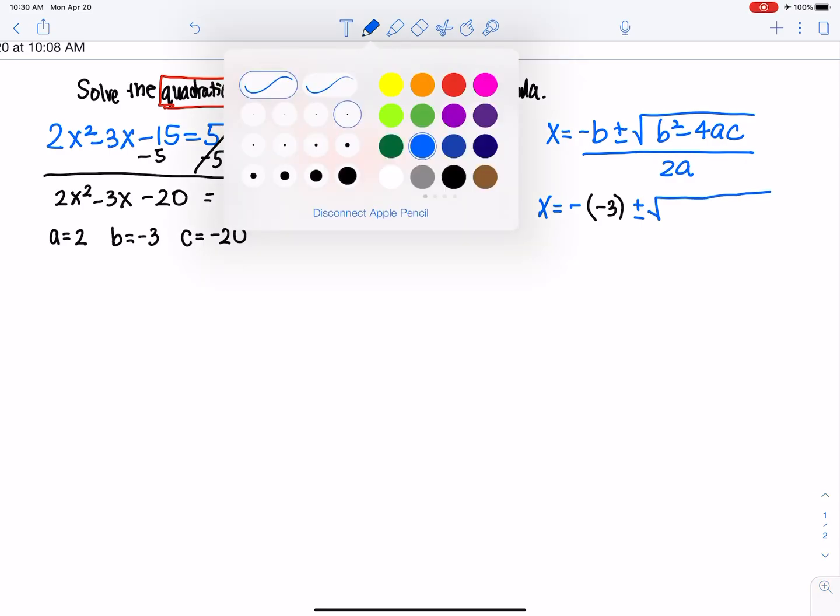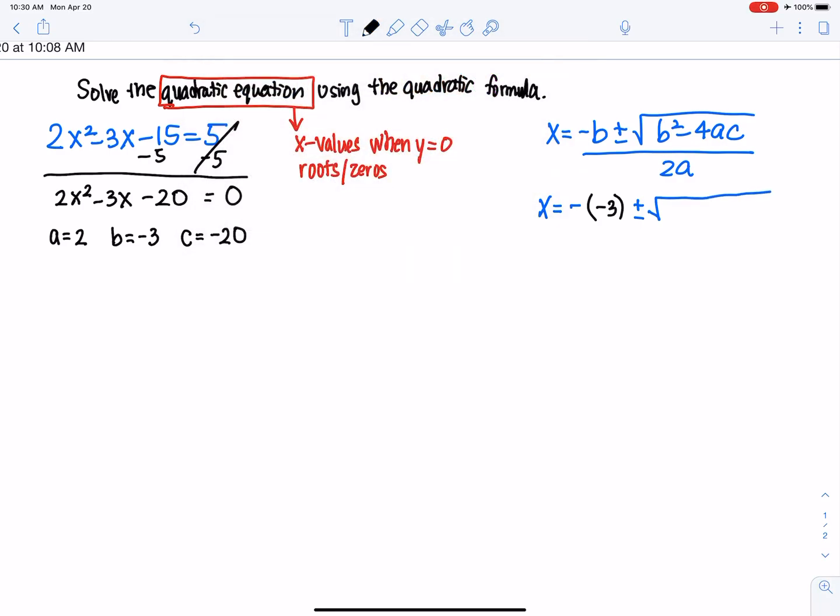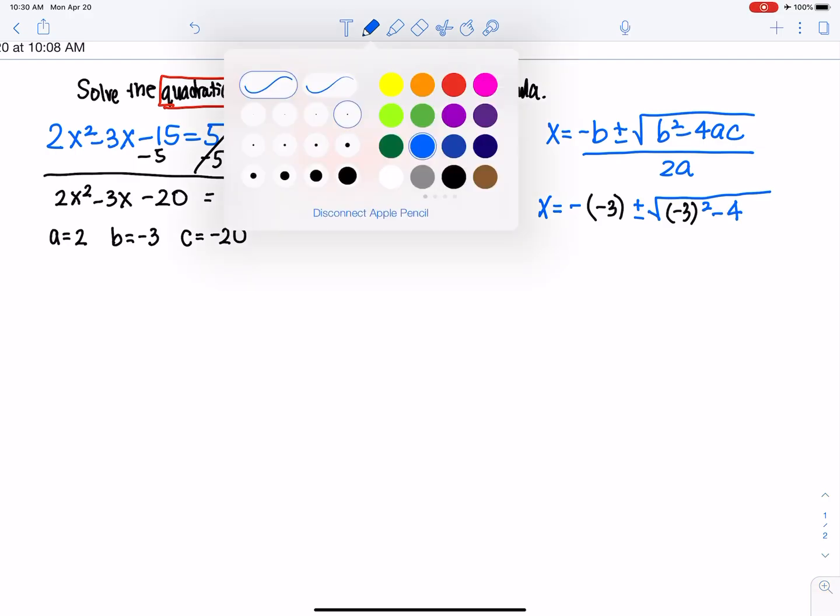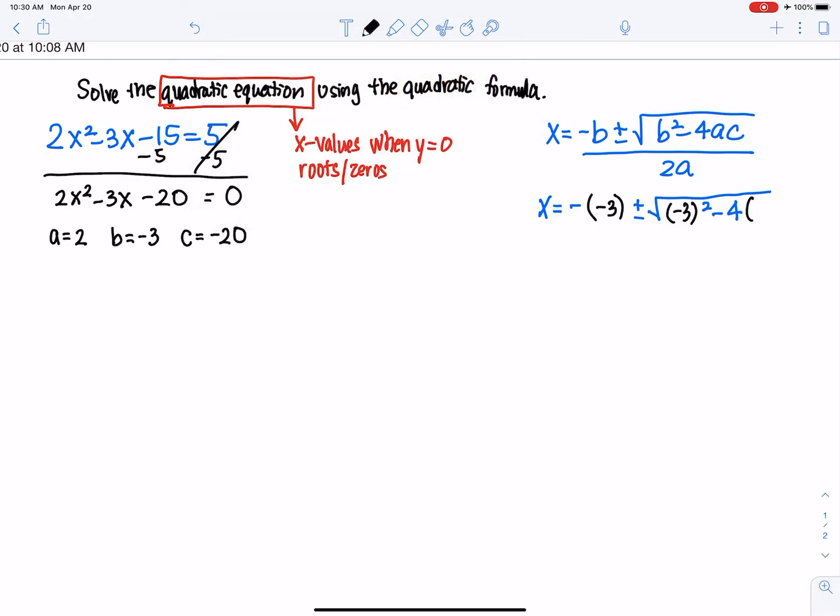So now I'm going to plug in my value for b, so that's going to be negative 3 squared minus 4. And because I want to plug in that value for a, I'm going to put it in parentheses. And then I'm going to plug in my value for c, so I'm going to put parentheses negative 20.